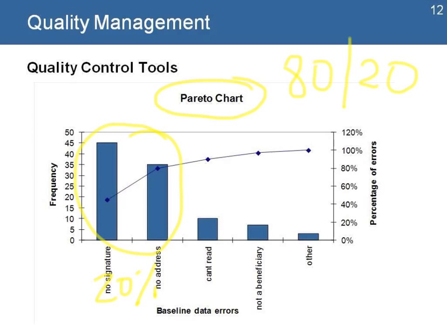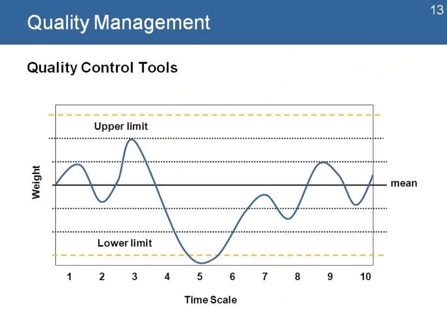So we might find a lot of problems in the project, but if we focus only on those 20% that contain 80% of the problems, by solving them we have a better chance than trying to solve every single problem in the project, which can be very expensive if we have limited funds and resources. So that's one tool that is useful for quality control.